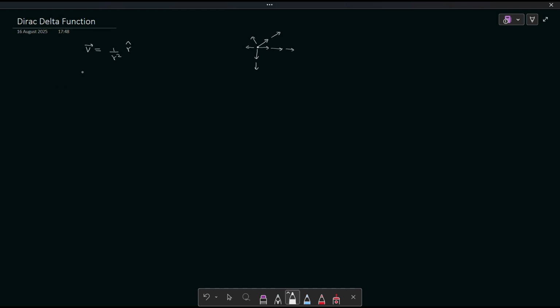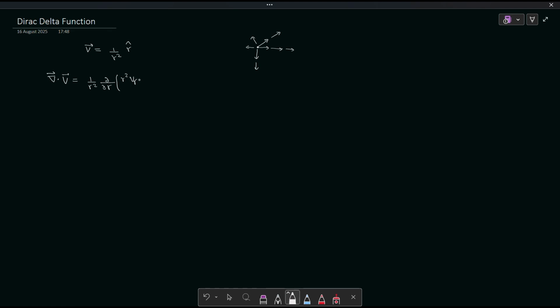divergence of this function. So what will that be? That will be divergence of v is equal to, since we are using spherical coordinates, 1 divided by r square del by del r, then r square times the radial part of that function.